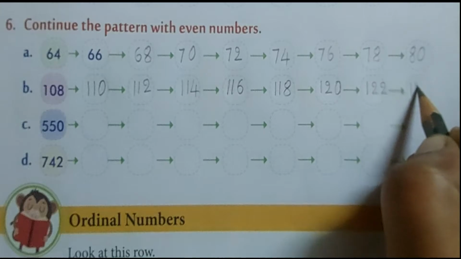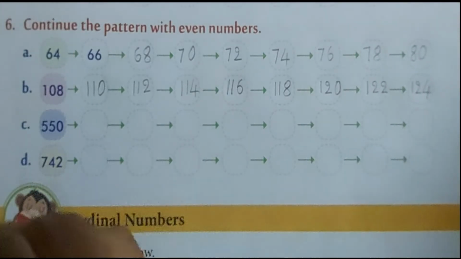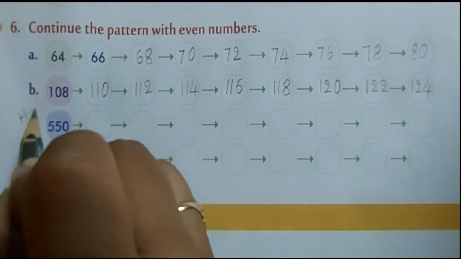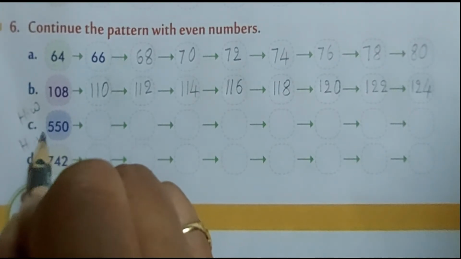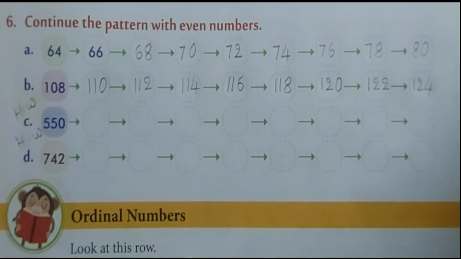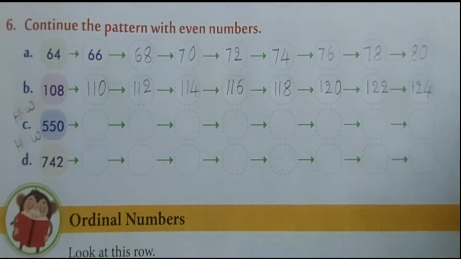Next one 124. C and D are the homework. Understood, children, how to write the even numbers and odd numbers?